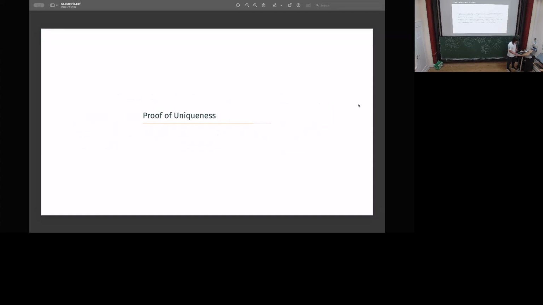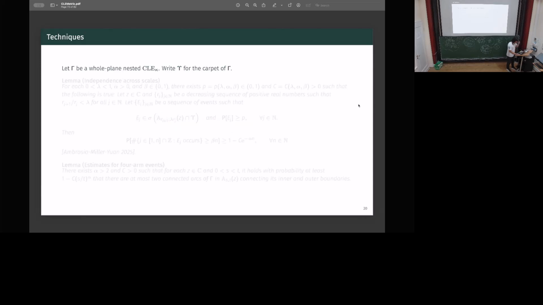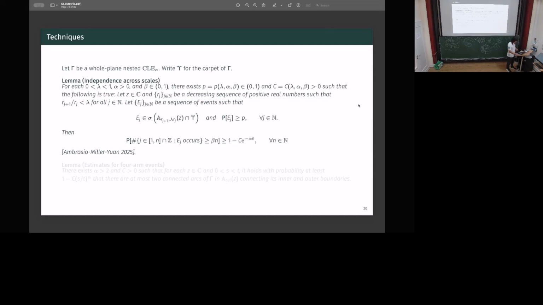So now I sketch some proof of uniqueness. Let's go back to the setting of a whole plane CLE, and first there are two technical lemmas that are very useful.